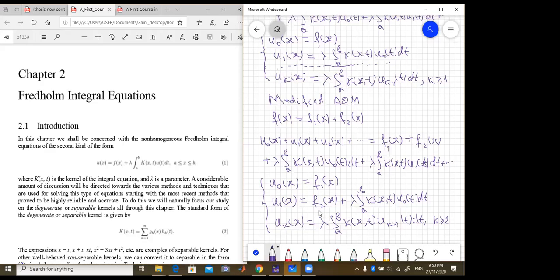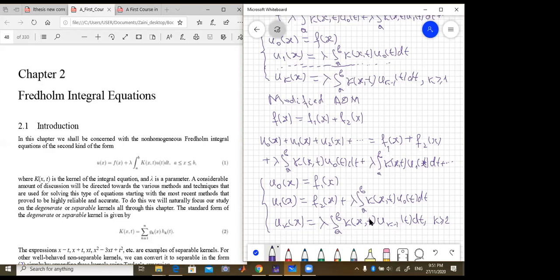Anyway, so now you can easily see the differences between modified ADM and standard ADM. In the standard ADM, we have u0 separate, then the second one uk for all k from 1. So in the modified one, we have to start with three lines: the initial guess, then the first iteration, then the rest of the iterations.